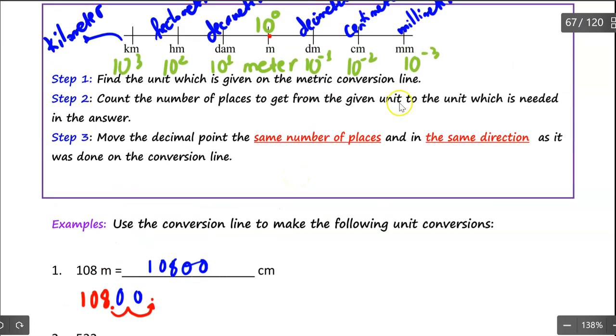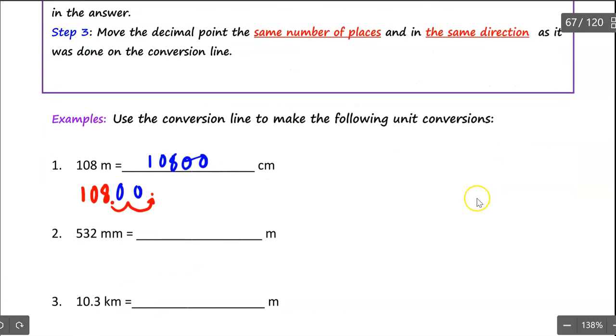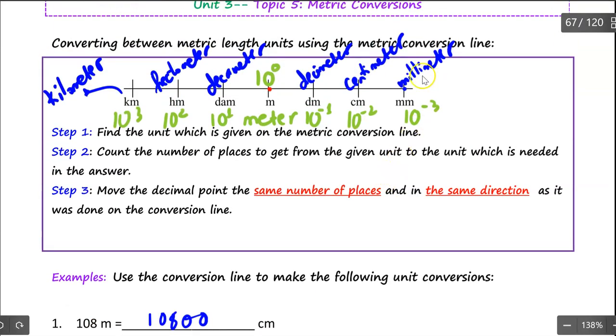So in this case what I do is I locate the millimeter. It's right there. Now, what I'm going to do is move the decimal point to where I meet the meter. So that means you are going to go 1, 2, 3.